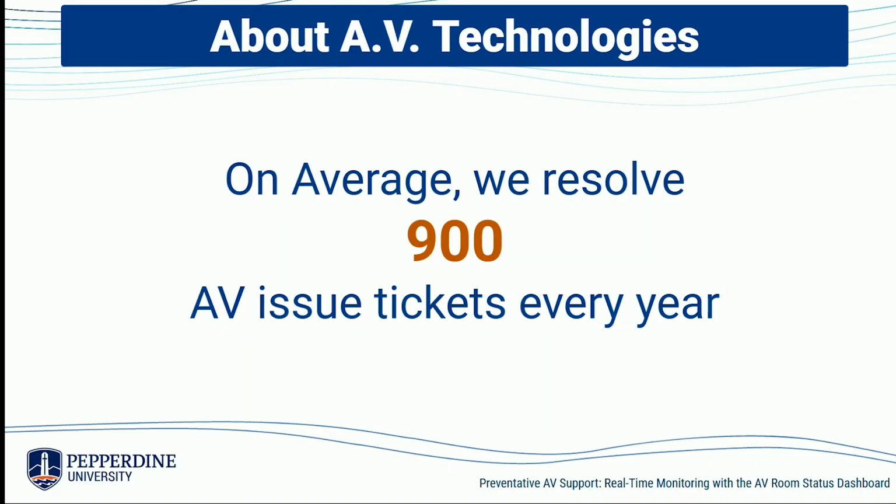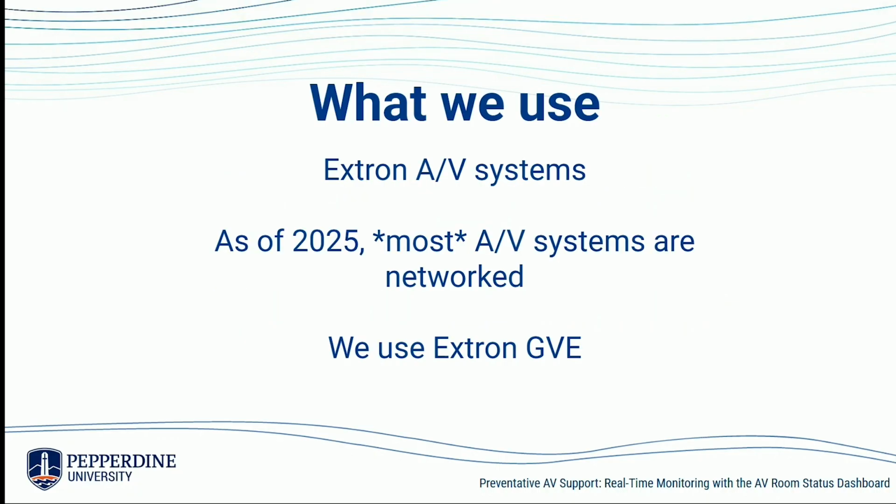And then on average, we get 900 AV issue tickets every year. So we have to find a way to resolve them or lower that count as much as we can in a smart way.